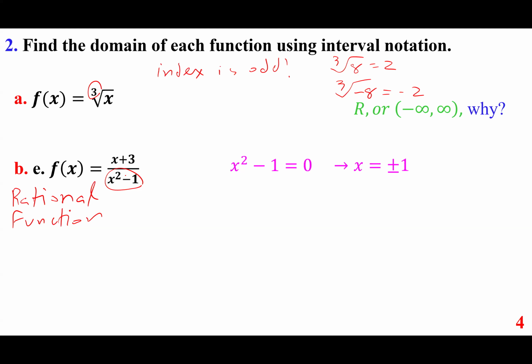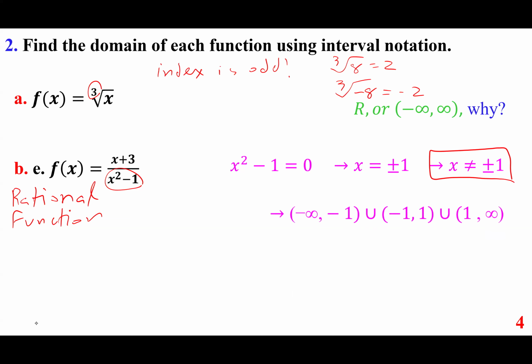And you exclude that. So this would be the domain. And if we want to use interval notation, negative infinity to negative 1, union negative 1 to 1, union 1 to infinity. Parentheses indicate that we are excluding the endpoint. So this is interval format.